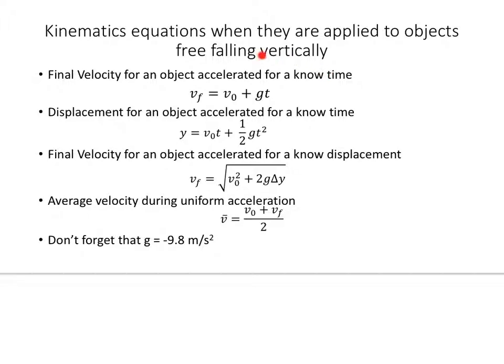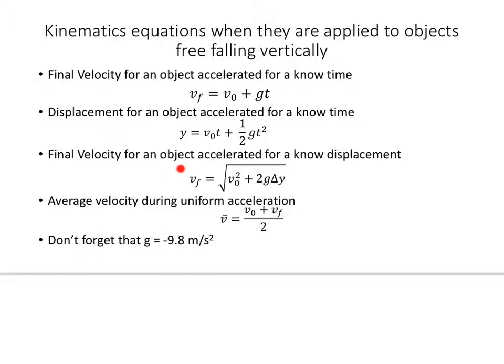Okay, so here are the same four equations that we saw in the previous lecture for horizontal motion, only they're modified a little bit to work for vertical motion. So this first one here: final velocity equals initial velocity plus gt, g again being the acceleration due to gravity. This one, displacement for an object, notice this is y because we're talking about vertical displacement, so we don't use x, we use y, equals v0t plus 1/2 gt squared.